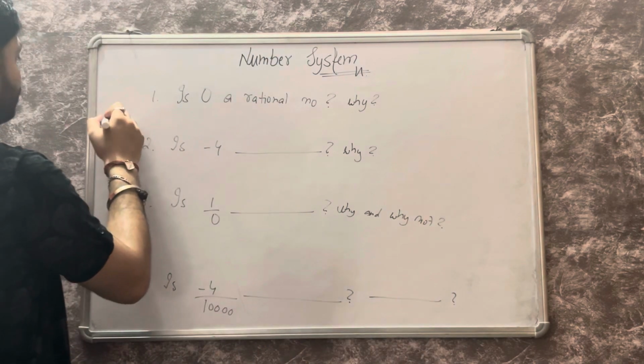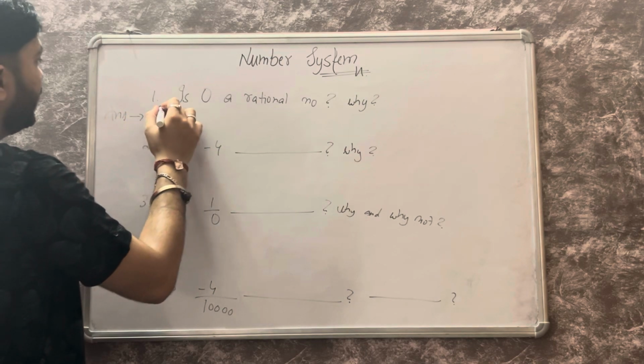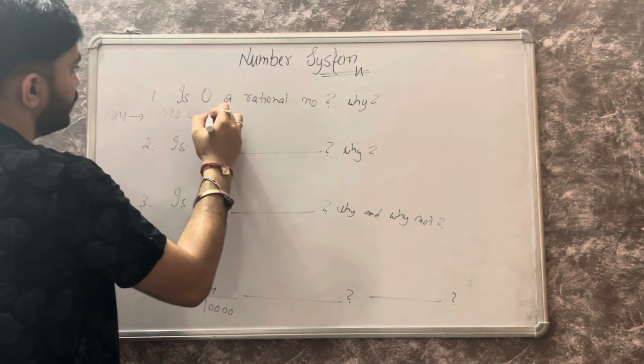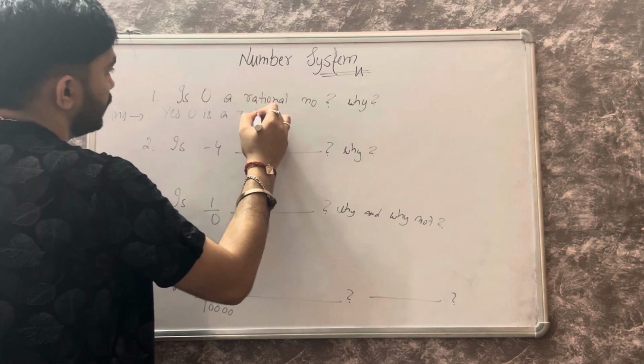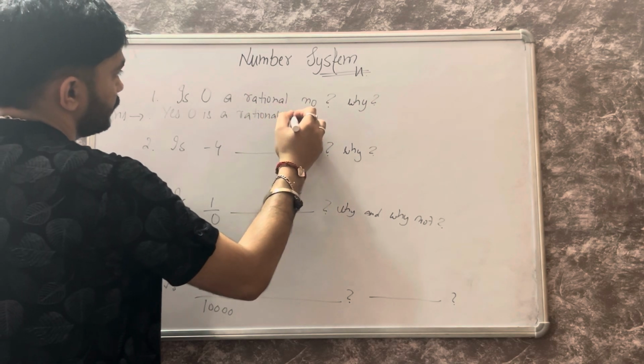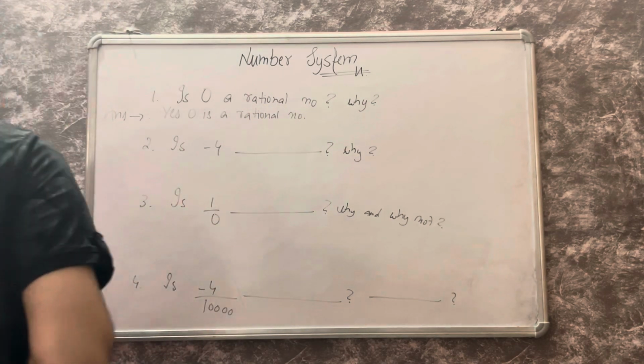The answer to the first question is going to be yes, 0 is a rational number. Can anyone tell me the reason, please?